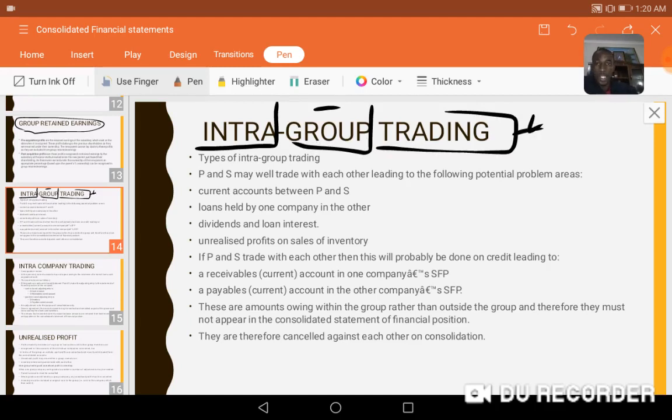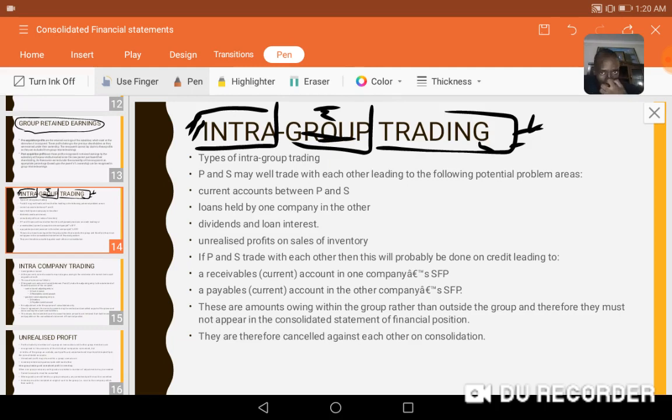The word intra means within. Therefore, in short, intra-group trading means trading within the group. That's it. Trading within the group.